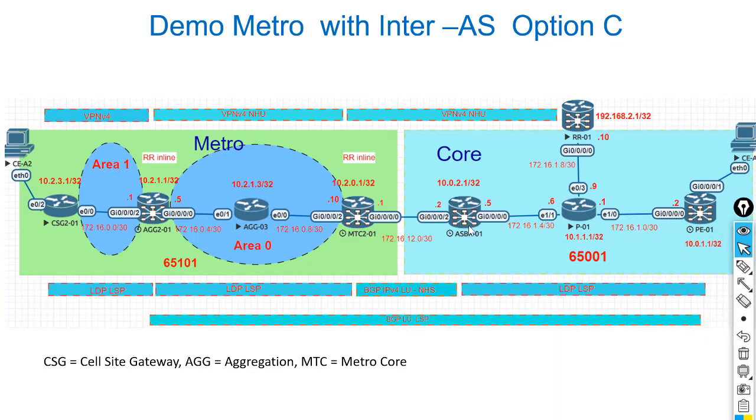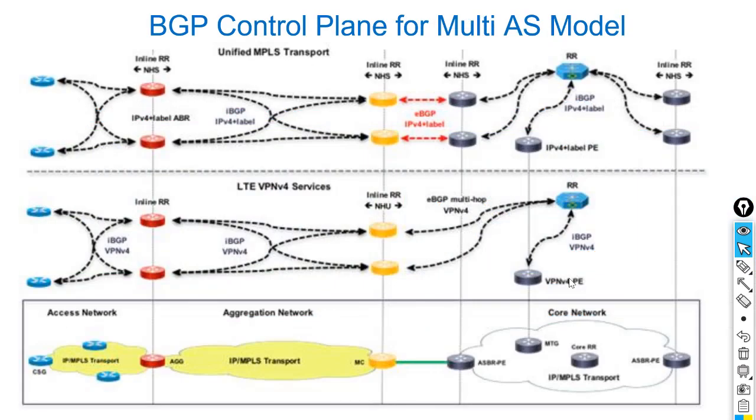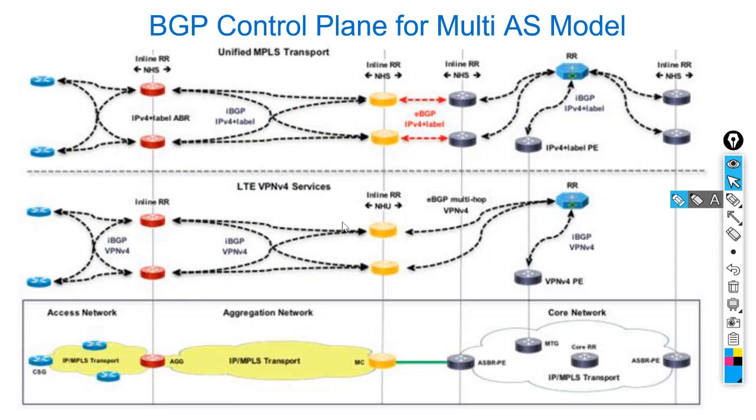So let's move on to the control plane for the inter-AS VPN. Because the core network and metro network are in different AS systems, in order to advertise VPN prefixes from one AS to another, a method called inter-AS VPN should be employed.